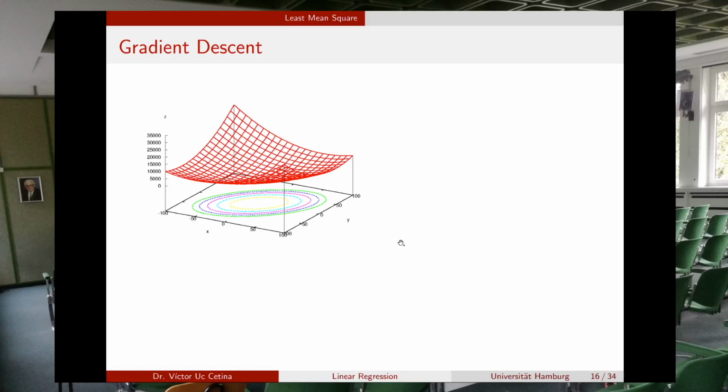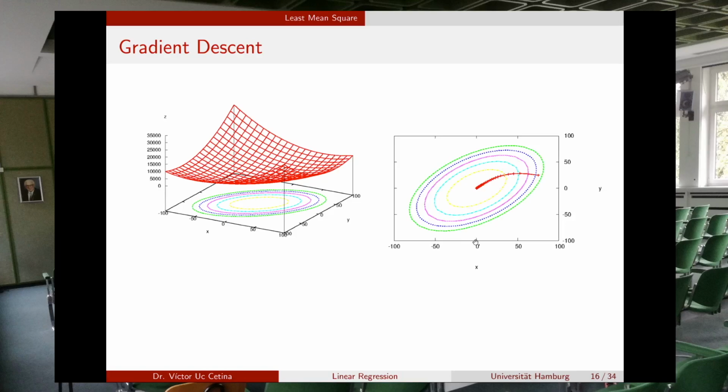When we apply the update rules of gradient descent, first we initialize our parameters, which is like locating your initial point in any part of the surface. Suppose that you start here, and then it's like letting go of a small ball, and the ball is going to go, of course, to the bottom of this surface.